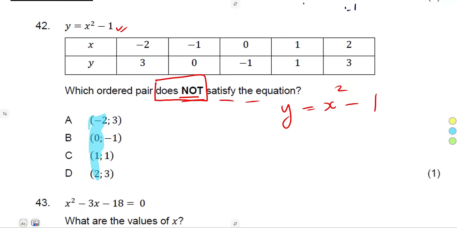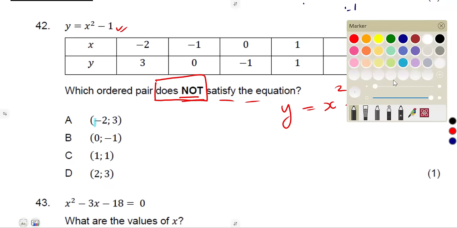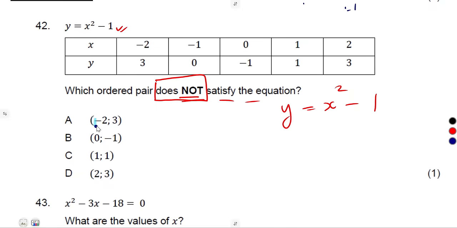Let's test them. If our X is -2 on point A, put that in and see if you are going to get the corresponding Y value, which is 3. Okay, let's put that. When X is -2: -2 squared minus 1, according to the rule that we are given. -2 squared, that is 4.